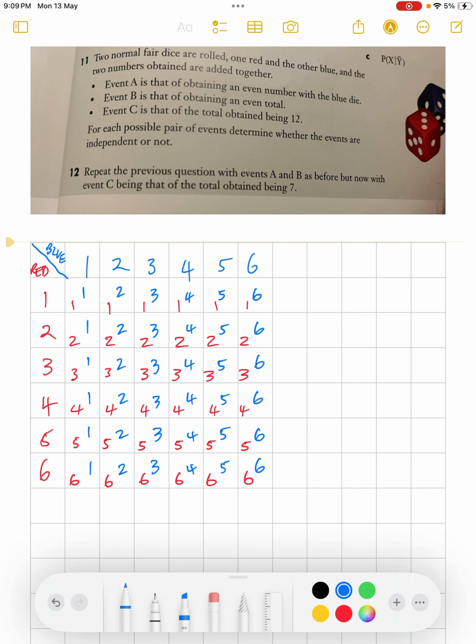Event A was obtaining an even number with a blue dice.